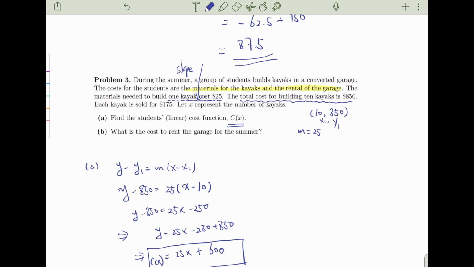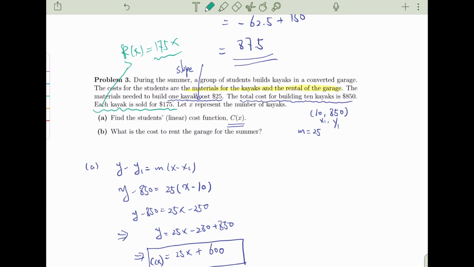Let's take a look at this condition. Each kayak is sold for $175. So we have built x kayaks in the summer, and we're gonna sell all of them after for $175 each. So you're gonna multiply $175 by x. That is the total money you will get by selling the kayaks, which is our revenue. So from here we know that the revenue R of x is equal to 175x.